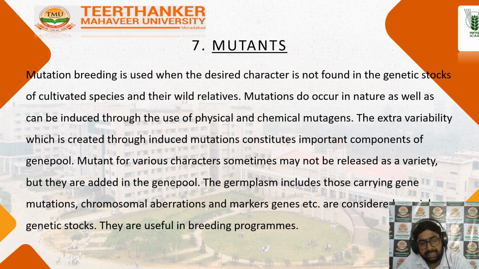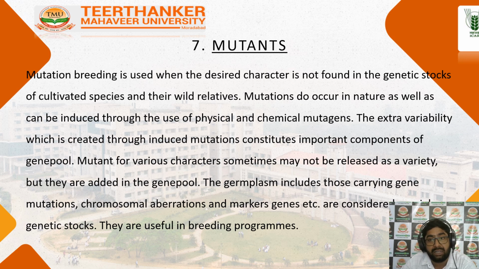Mutation breeding is a very famous and popular part of breeding. Everybody knows about mutation breeding, but before the explanation, mutants means changed naturally, that is spontaneous, or induced. Mutation breeding is used when the desirable character is not found in the genetic stocks of the cultivated species and their wild relatives.